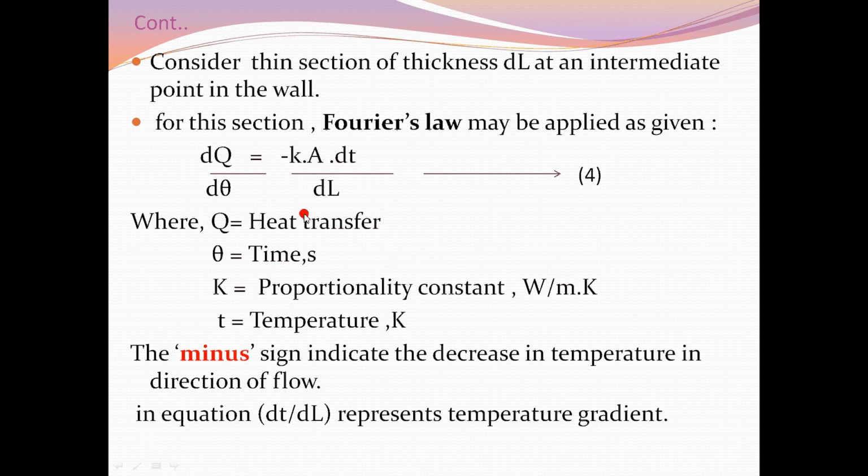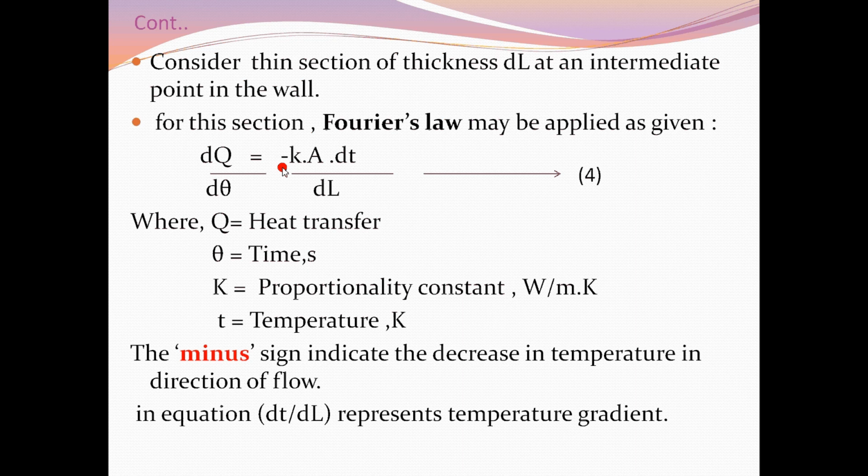Q is heat transfer, theta means time, K is the proportionality constant which has the unit watt per meter Kelvin, T is temperature, and the minus sign is there. The minus sign indicates the decrease in temperature. Suppose T1 is a 40-degree temperature, and heat flows through the metal wall and reaches towards T2, the temperature goes on decreasing.